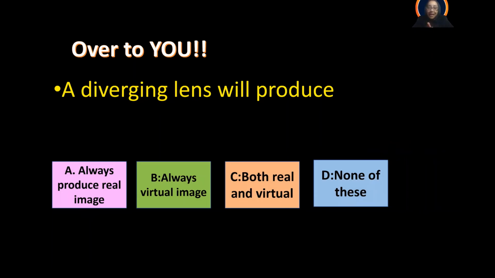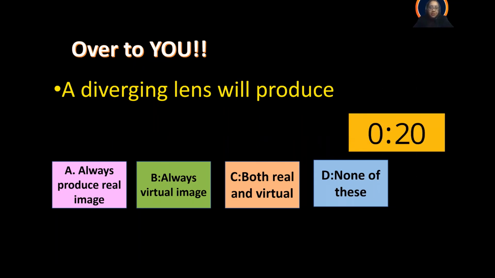Now you know what a diverging lens is. Giving you a hint, a diverging lens is a concave lens. I'm sure you'll be able to answer correctly. The correct answer is always a virtual image: DEV image, diminished, erect, and virtual for the concave lens, which is a diverging lens.